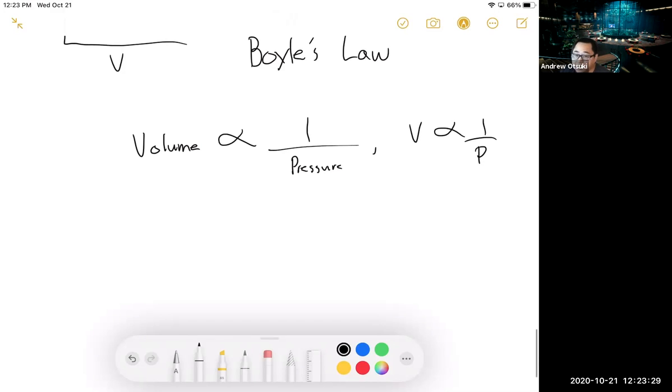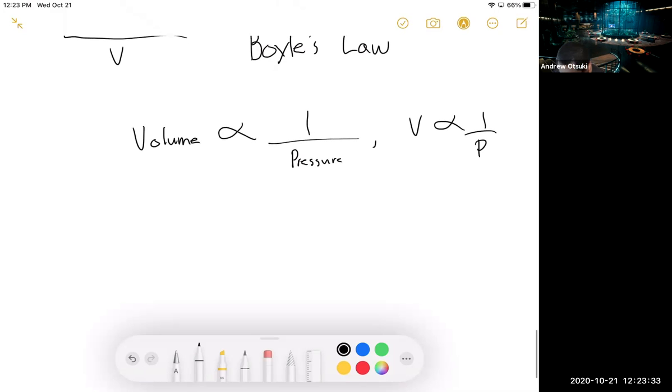When we translate this to an equation, we can say V equals a constant times 1 over P.